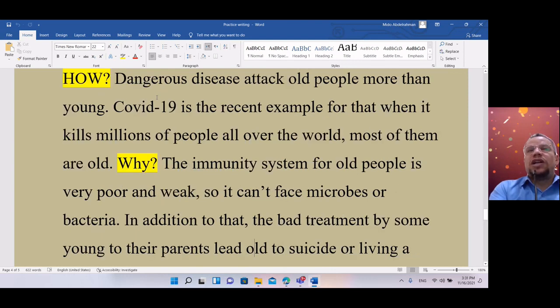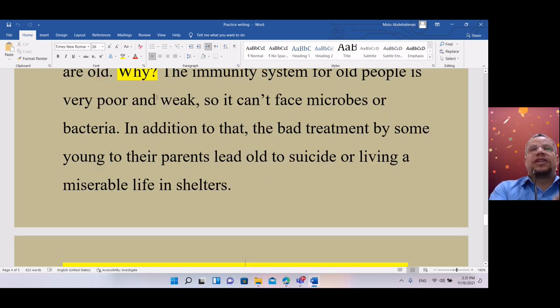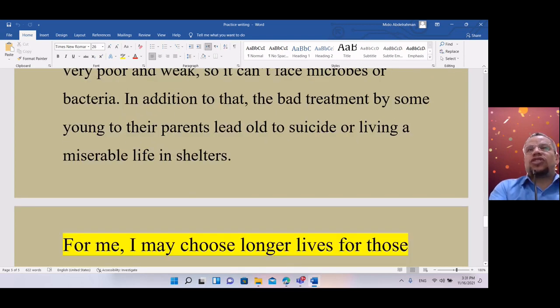Most of them were old. Why? The immunity system for old people is very poor and weak, so it can't face microbes or bacteria. In addition to that, the bad treatment by some young people to their parents leads old people to suicide or living a miserable life in shelters.